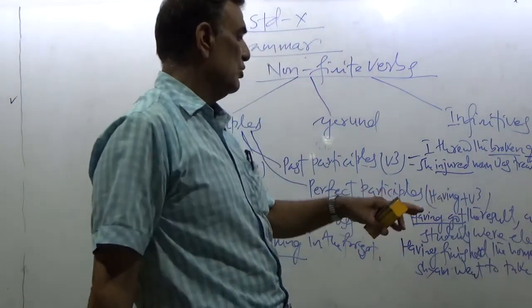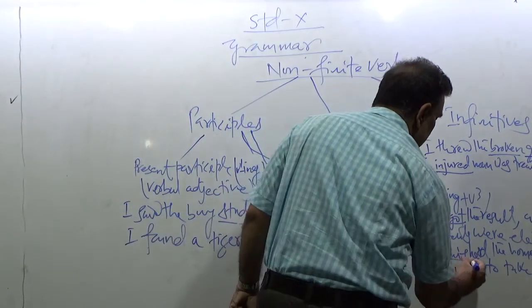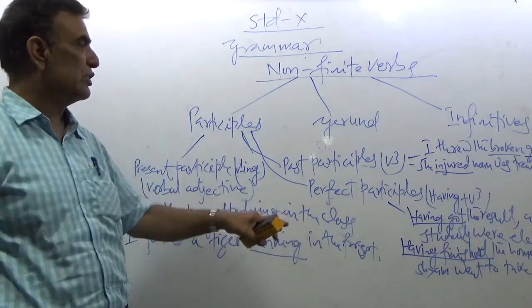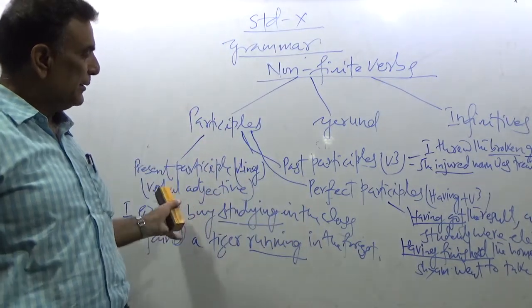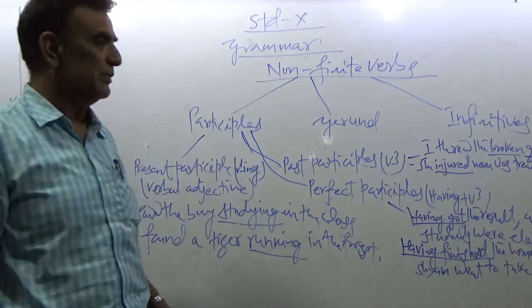Having finished the homework, Syam went to take his dinner. Having finished the homework. This is the perfect participle form. So these are the forms of the participles in non-finite verbs.